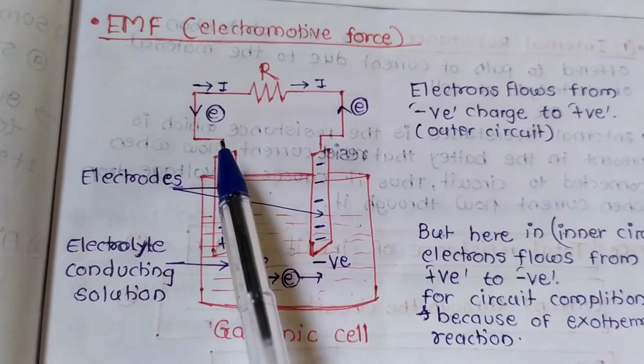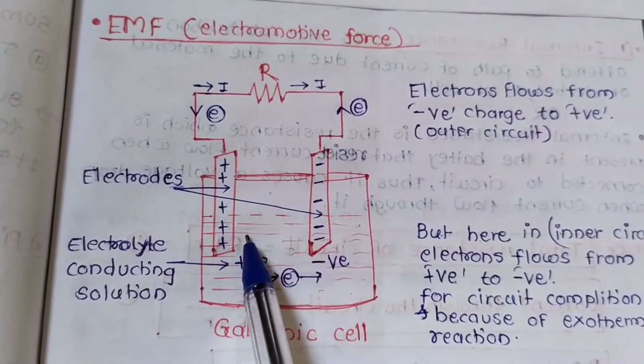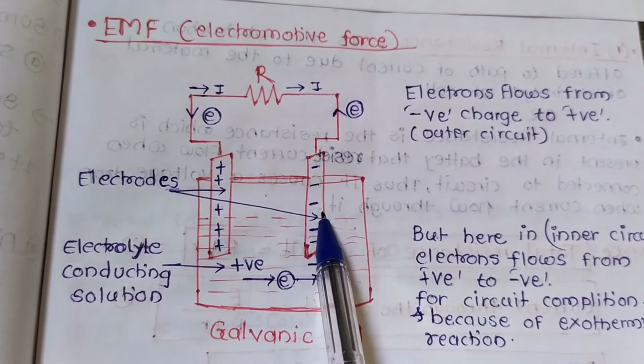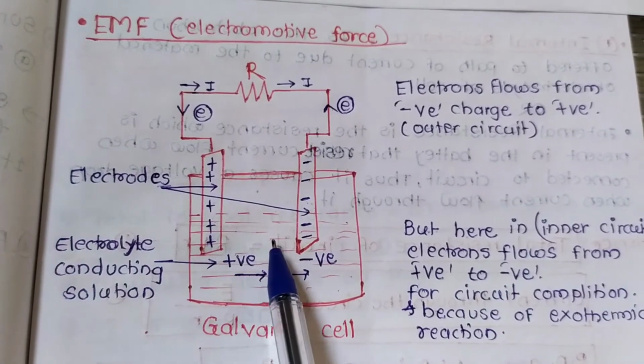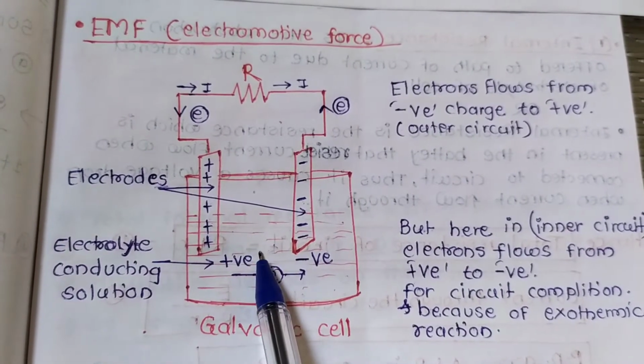Let this be a galvanic cell. These two are electrodes and this is the electrolyte, a conducting solution.